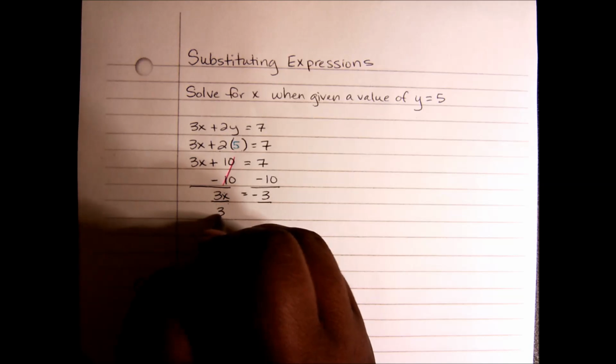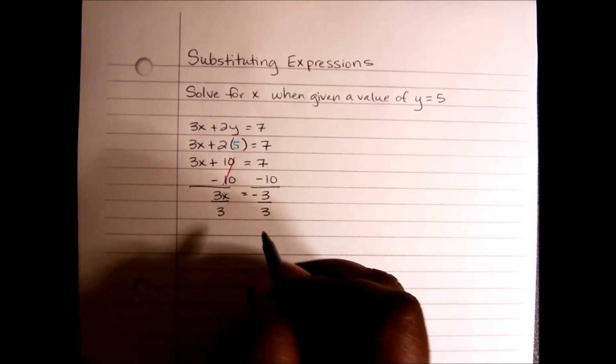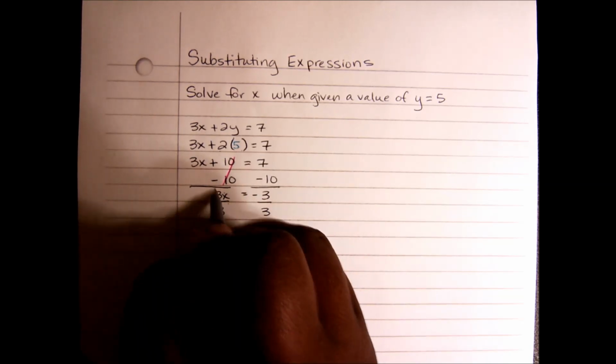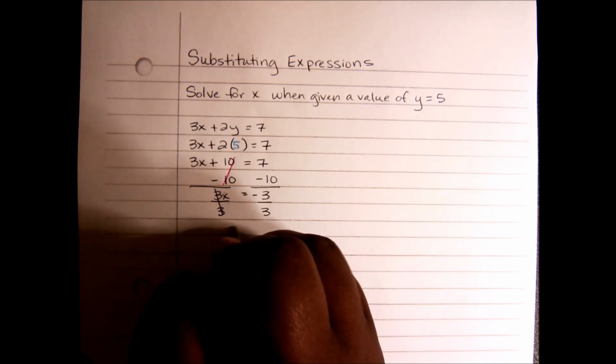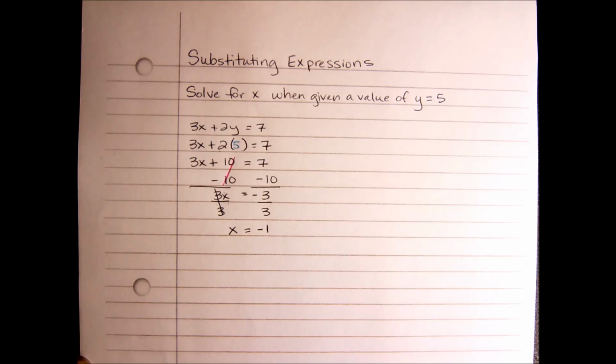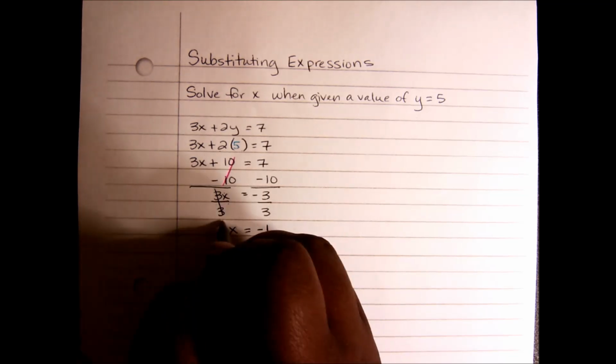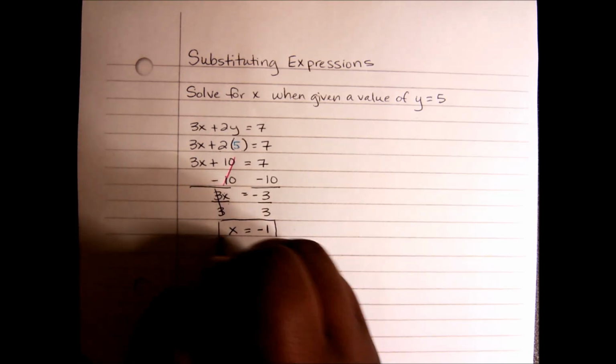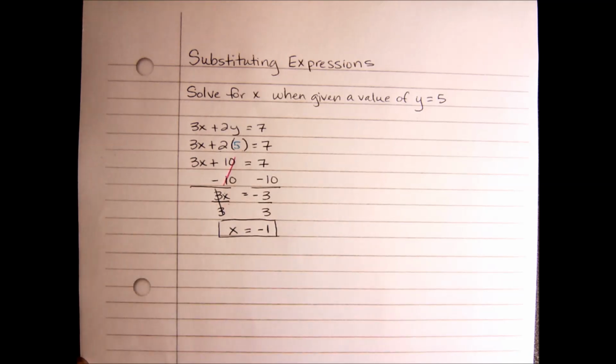So we're going to divide each side by 3. 3 divided by 3 is 1, and we have 1x is equal to negative 1. Negative 3 divided by 3 is negative 1. This is an example of a simple substitution.